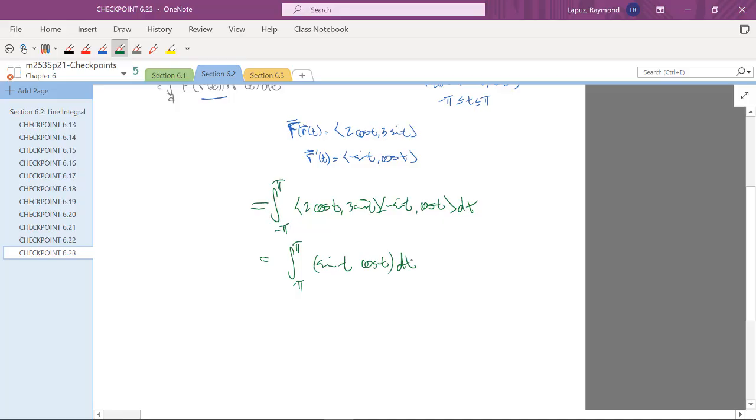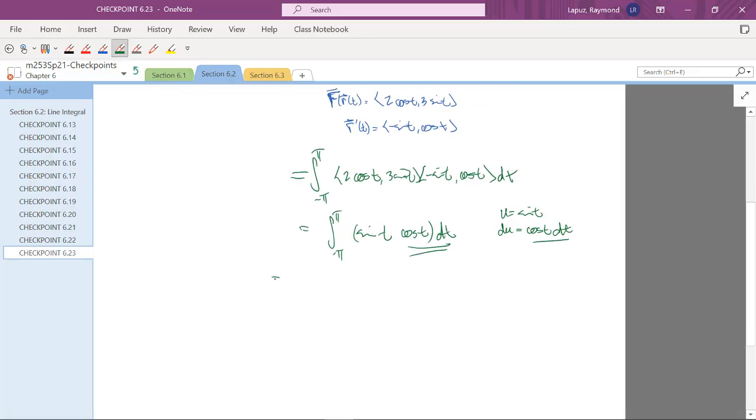I think we could do this with the u substitution. If I let u equal the sine, this will remain positive. So u equals sine t, du equals cosine t dt. So we get to replace this whole thing with du.